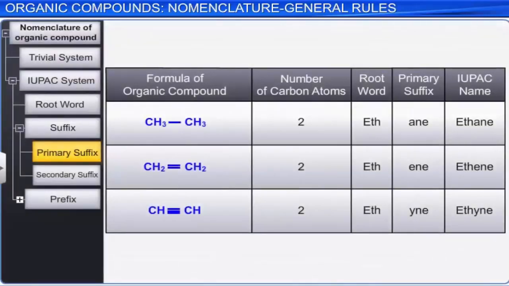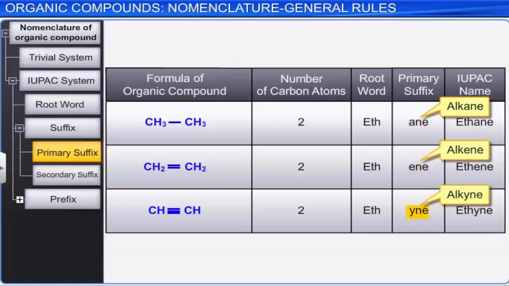A primary suffix is added to the end of the root word. It indicates if a compound is saturated or unsaturated. That is, whether the compound consists of a single or multiple bonds. The 3 primary suffixes are ane for alkane, ene for alkene, and yne for alkyne.